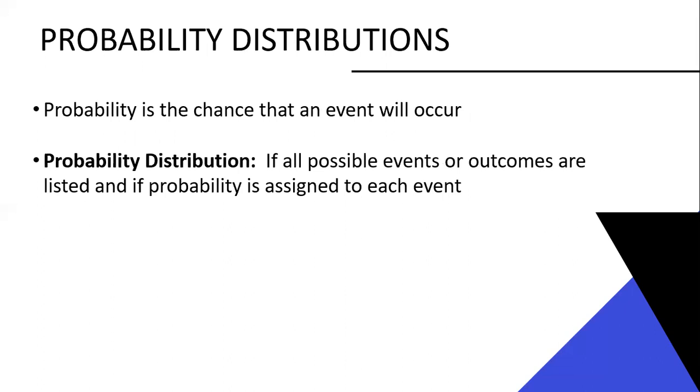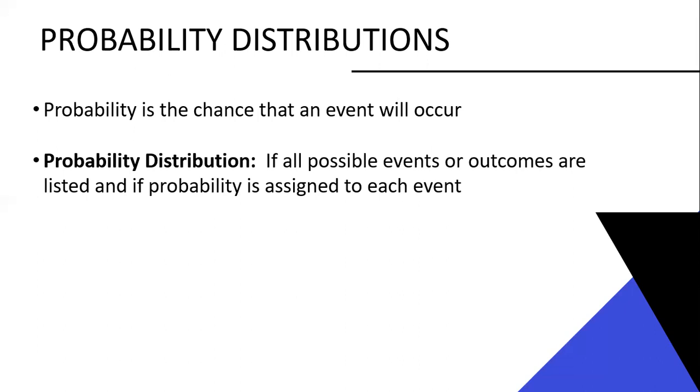All right, next I want to talk to you a little bit about probability distributions. Now, what is probability? Probability is the chance that an event will occur. So if you toss a coin up and try to figure out whether it will be heads or tails, there's a 50% probability that it will be heads and a 50% probability that it will be tails. There are only two options, and therefore there's a 50-50 chance.